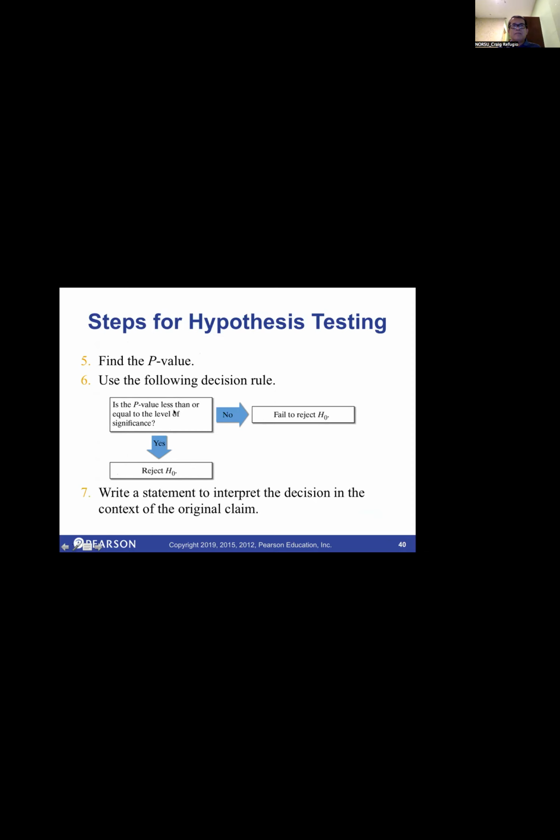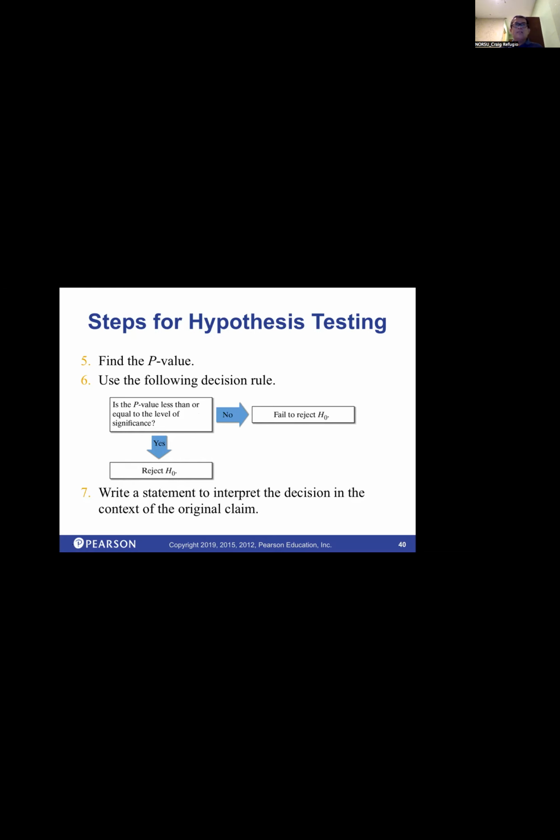But if the p-value is greater than the level of significance, fail to reject H0. Then write a statement to interpret the decision in the context of the original claim. So this number 7 uses the template about there is enough evidence, there is not enough evidence to support the claim or to reject the claim.